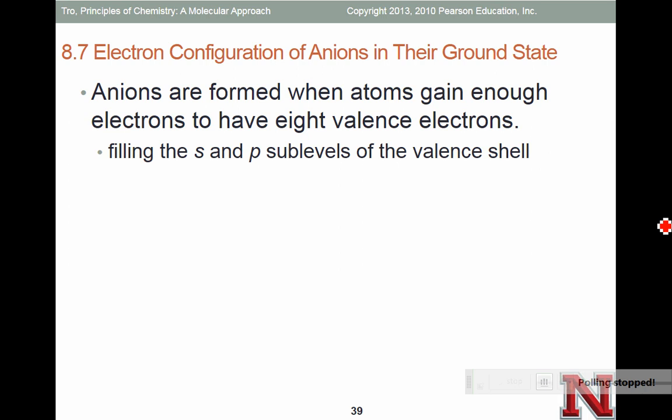So our electron configuration is going to represent either an extra electron or a loss of an electron when we draw it, if we have a charged particle.